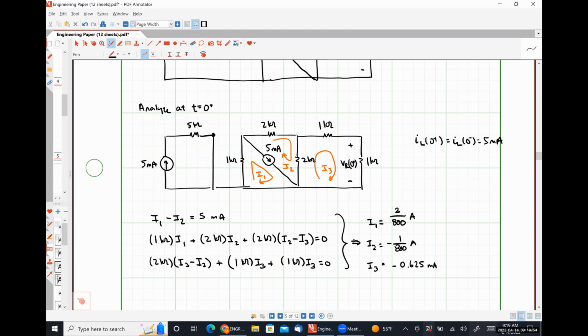All right, so from here, VR of 0 plus is just going to be I3 times 1 kilo ohm, right? Which should be -0.625 volts.